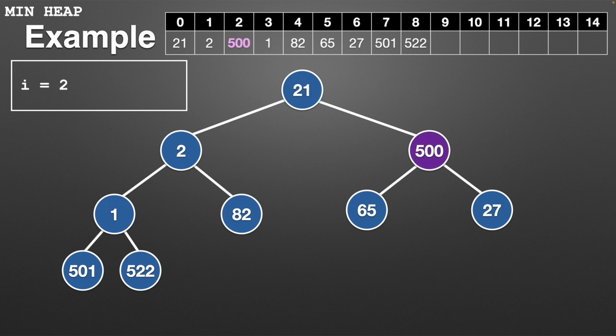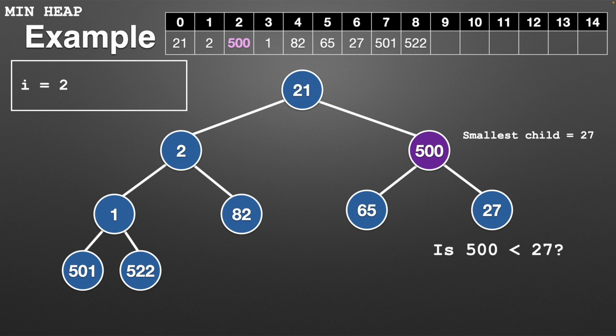Now we get i equal to 2, which puts us over here at this node, and we'll do the same thing. We're going down, and you'll remember with a min heap, when we look at the children, we always choose the smallest. With the max, we always choose the largest. The smallest child of 500 is 27, so we ask, is 500 less than 27?